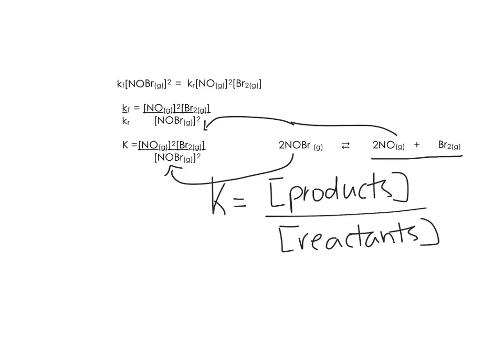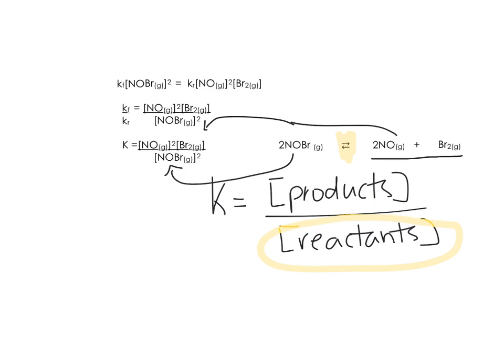So right and left mean right and left of the arrows. If it favors the right-hand side, it favors products, favors the left-hand side, it favors reactants. And that will mean their quantity in this ratio will be larger.